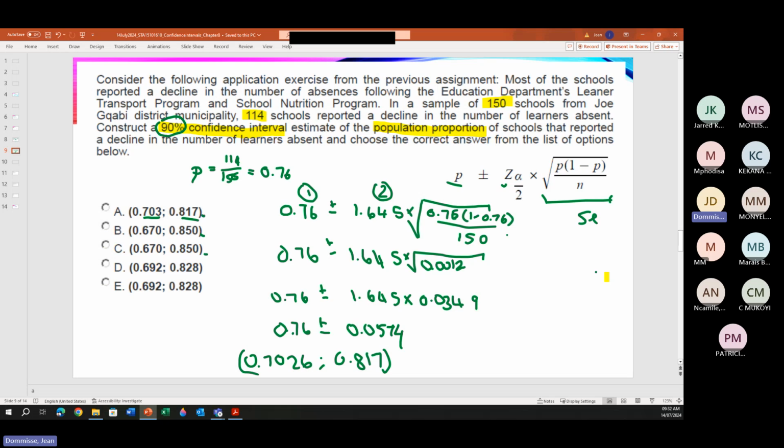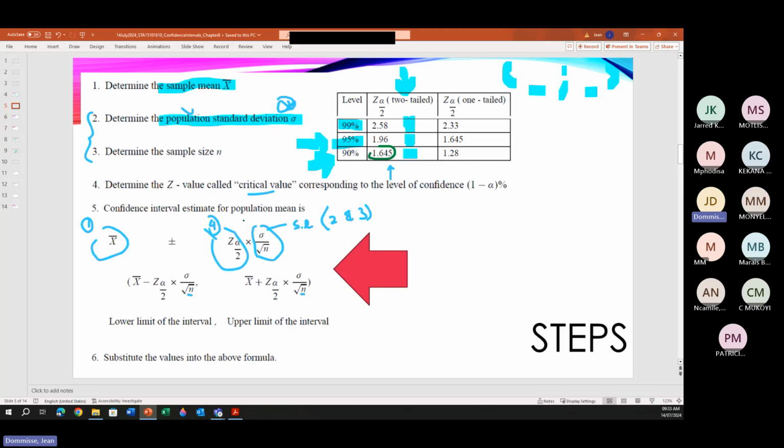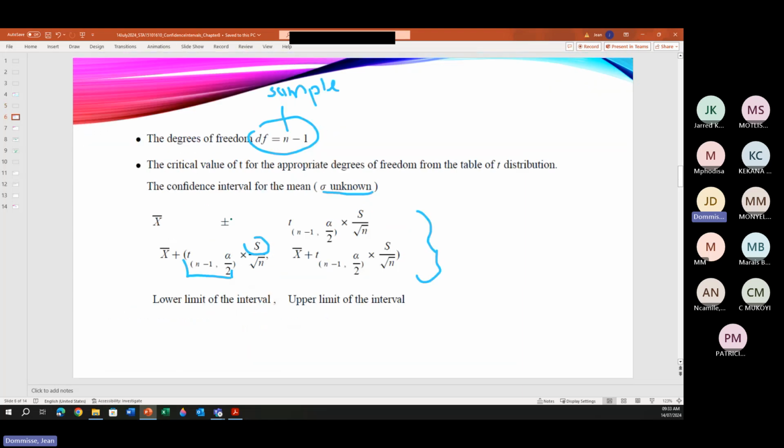So we know that that was our sample, that was the proportion that we work with. That is the part of the steps that we work out to get to your final answer of 6. So what I'm just doing is following this process nearly for all the questions that we are doing.